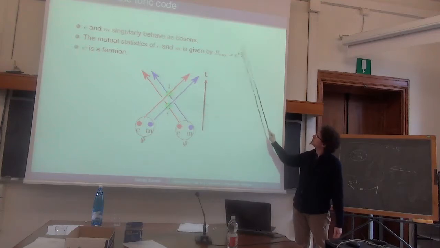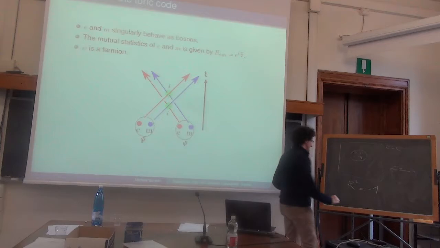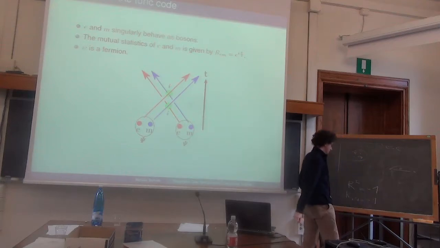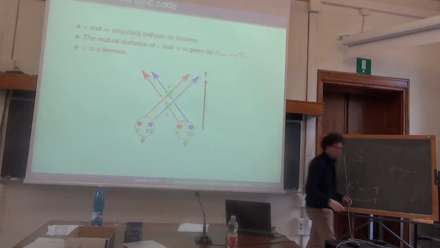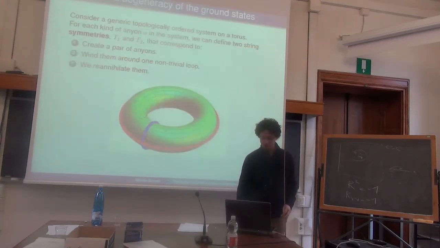So you have twice this phase, and R psi psi is equal to -1 without the square. So it is different from here. And this is more or less the anyonic content of the toric code.